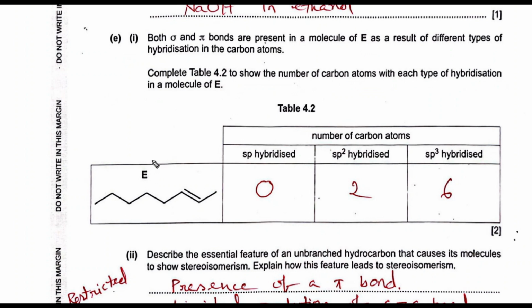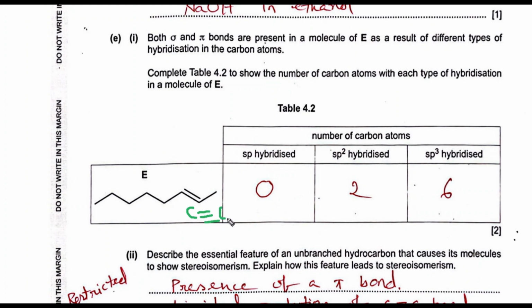That means what type of hybridization occurs. sp hybridization occurs when there is a carbon-carbon triple bond. As molecule E has no triple bond, the number of carbon atoms with sp hybridization is 0. No sp hybridization, as there is no carbon-carbon triple bond.